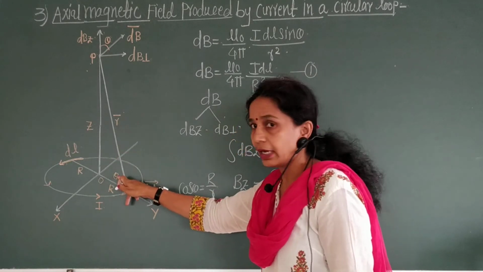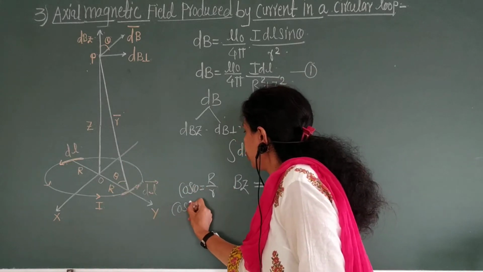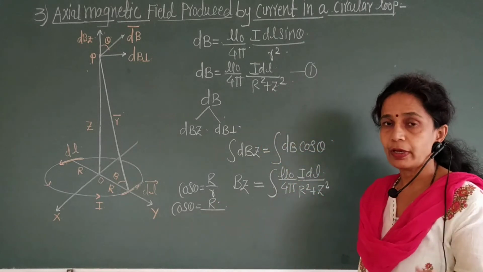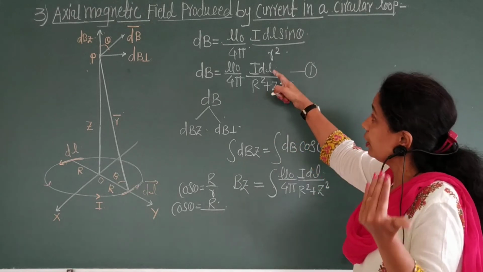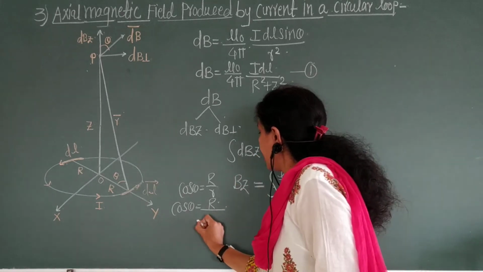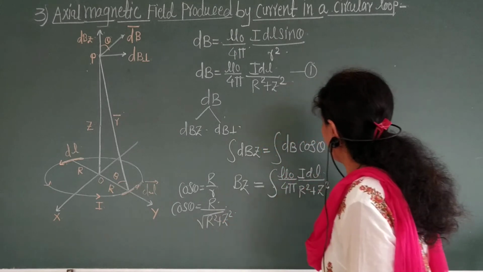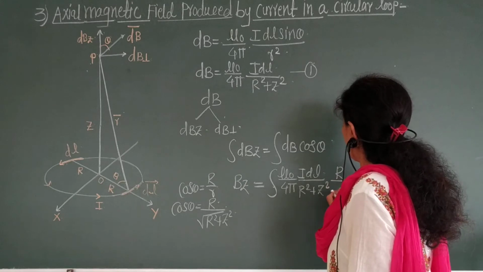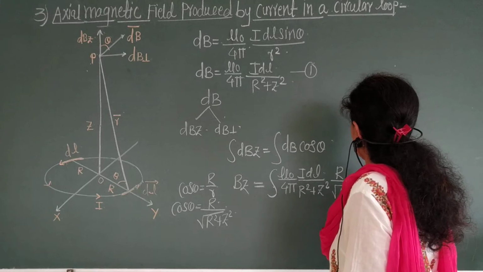This is the angle theta, and therefore cos theta is equal to capital R upon small r. What is the value of small r? Small r square is equal to capital R square plus z square. Therefore, small r is under root of R square plus z square. Therefore, cos theta is equal to capital R upon under root of R square plus z square.